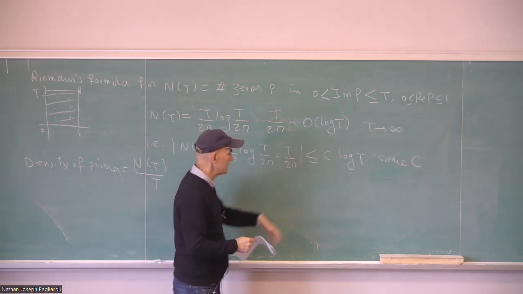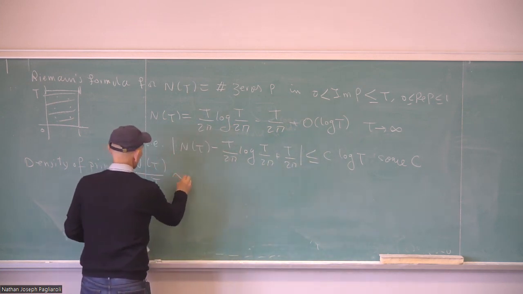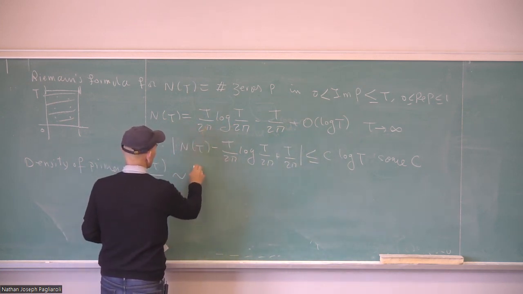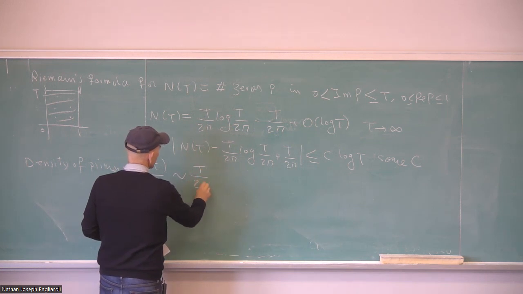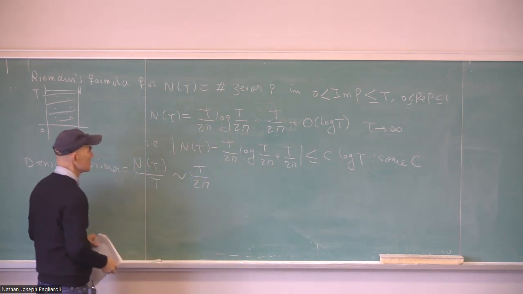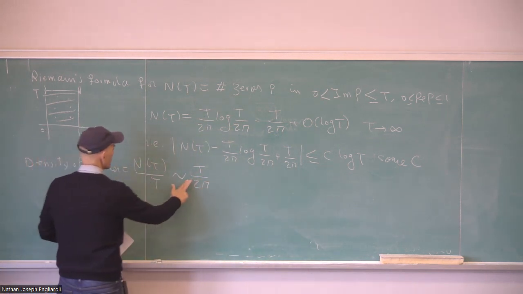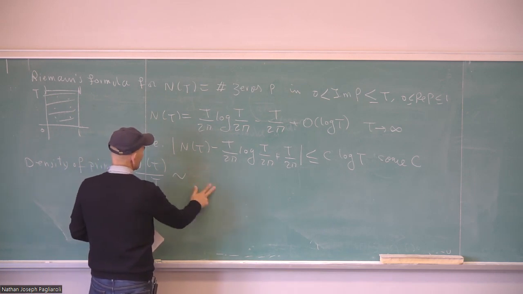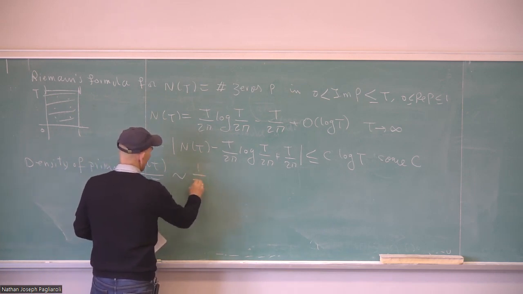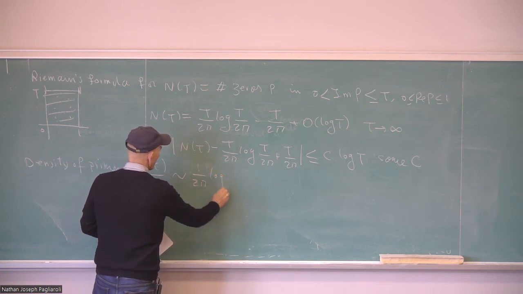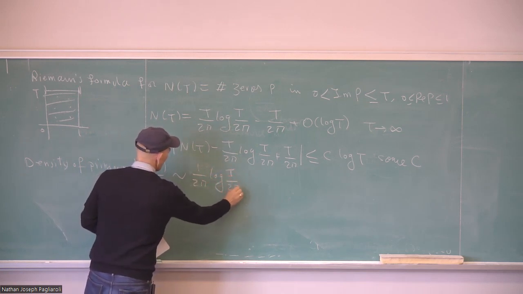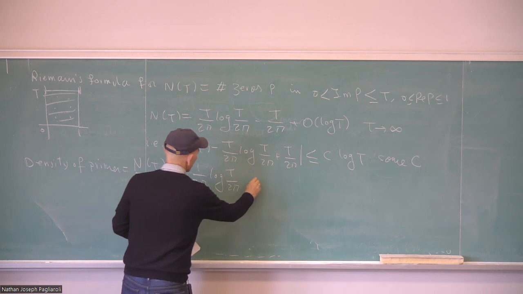As T goes to infinity, the density of zeros is asymptotic to 1 over 2 pi times log T over 2 pi.